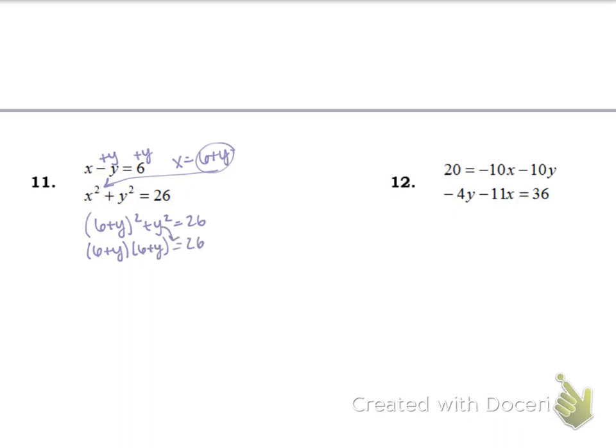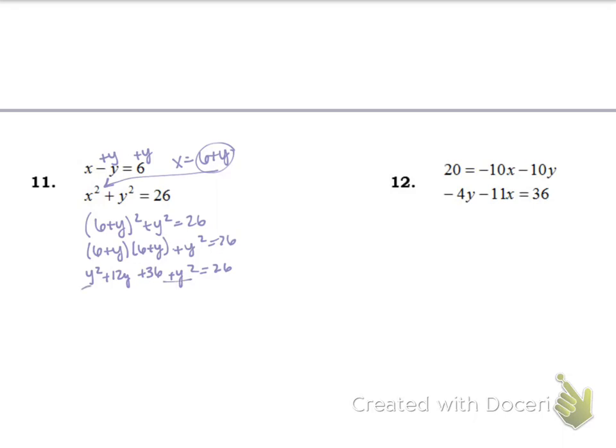So, oop, I forgot that y squared in there. Okay, so I'm going to get y squared plus 12y plus 36 plus y squared is equal to 26.